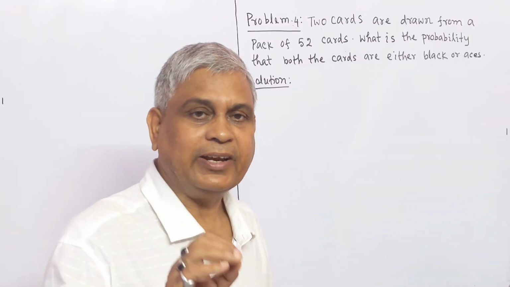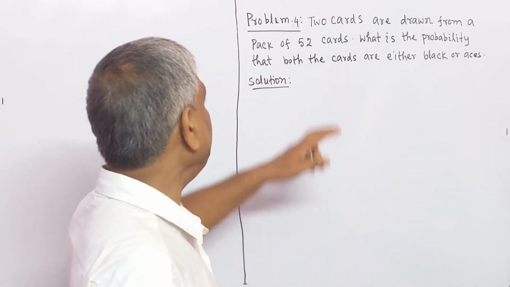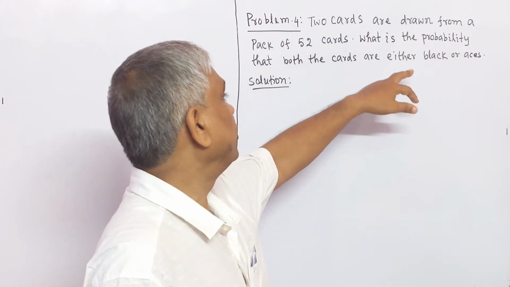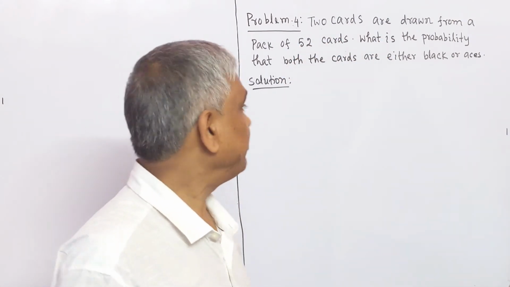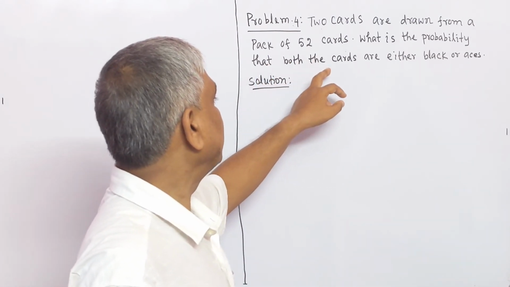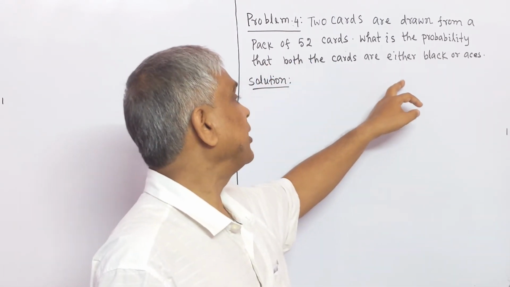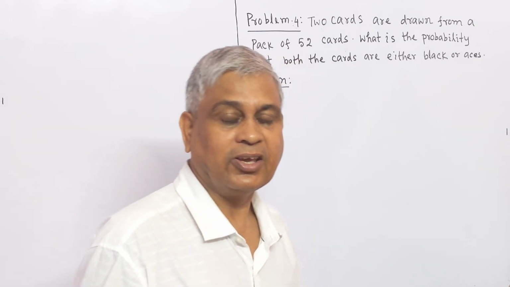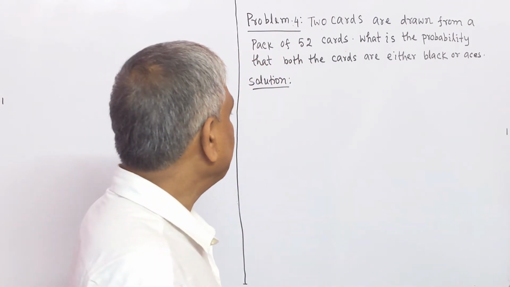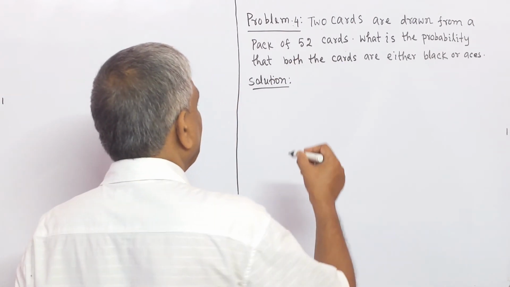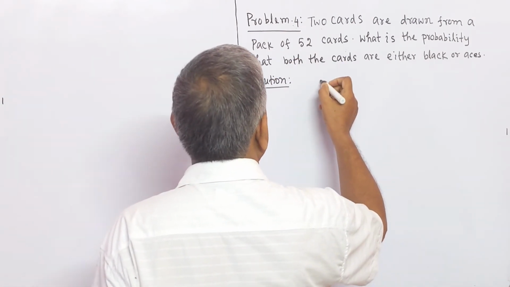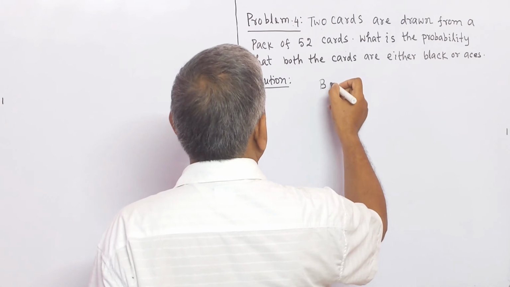Now we solve the next problem. Problem is that two cards are drawn from a pack of 52 cards. What is the probability that both the cards are either black or aces? Let the event to draw a black card be B, means black.